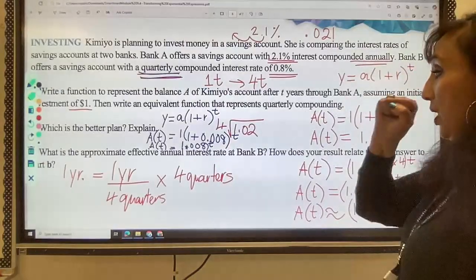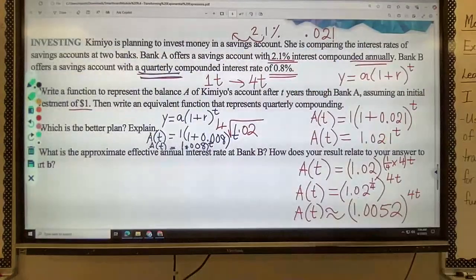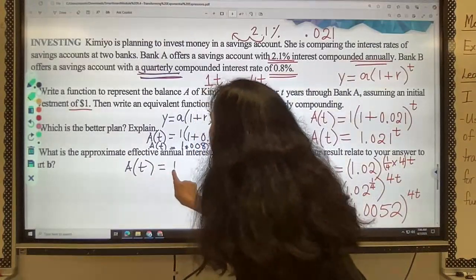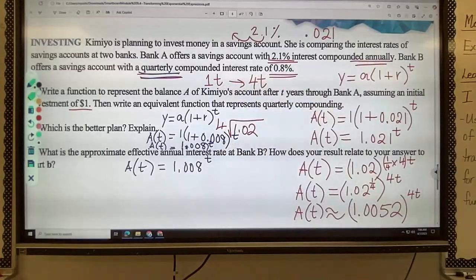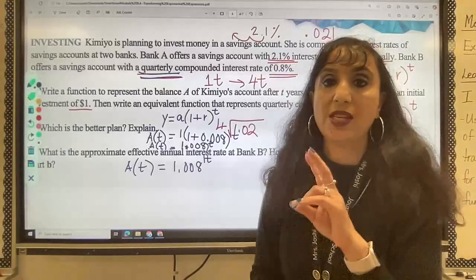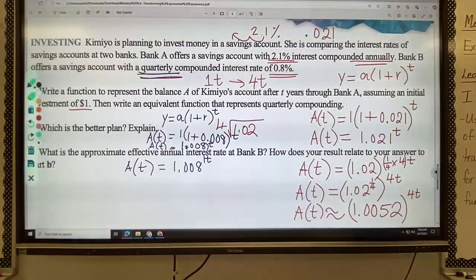Okay, so now let me go ahead and do that over here. I am going to write out this original function, which is A of t is equal to 1.008 to the t, and that is 1t. We know this is 1t because this is annual. And I am going to have to change this to 1/4 because that's what I need to get to. I know that 1 year is equal to 4 quarters times 1 year over 4 quarters.